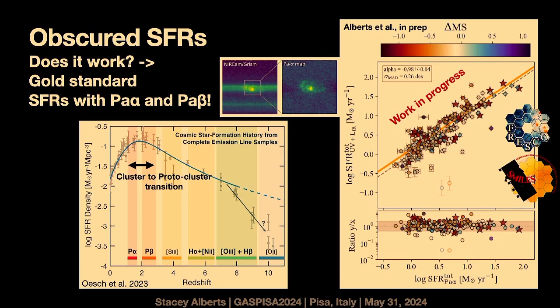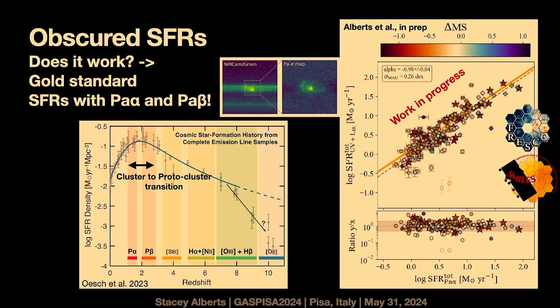Probably, yeah, really well. Another nice thing that JWST opens up for us is access to the Paschen alpha and Paschen beta lines, which are near-infrared lines tracing star formation, and because they're near-infrared lines, they are very robust against dust extinction. What we've been doing is comparing the star formation rates that we would derive from MIRI, both MIRI alone and, in our typical approach, combined with the UV to get the total, as a function of the star formation rates we get from Paschen alpha.